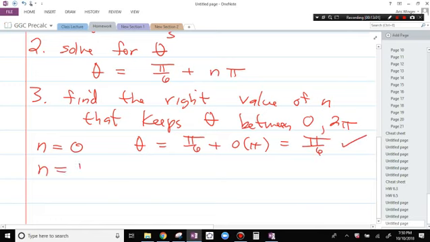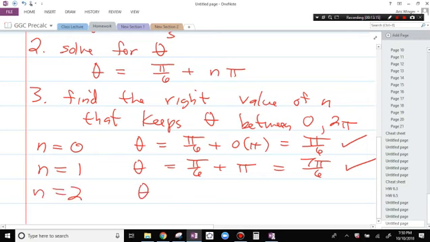When n is 1, theta is pi over 6 plus pi, which is 7 pi over 6, and that's between 0 and 2 pi. When n is 2, theta is pi over 6 plus 2 pi, and that is 13 pi over 6, and that is no good.